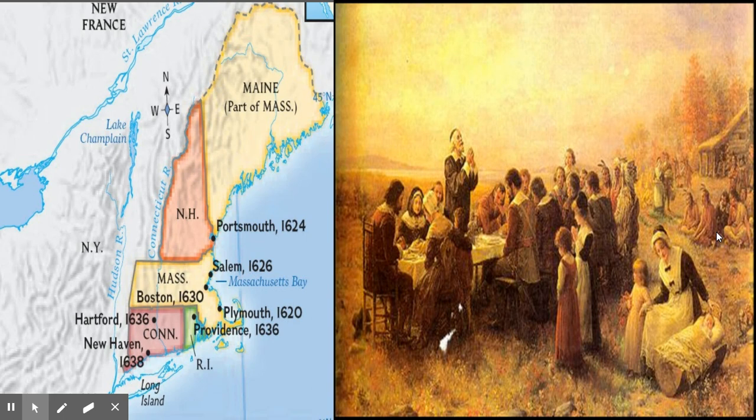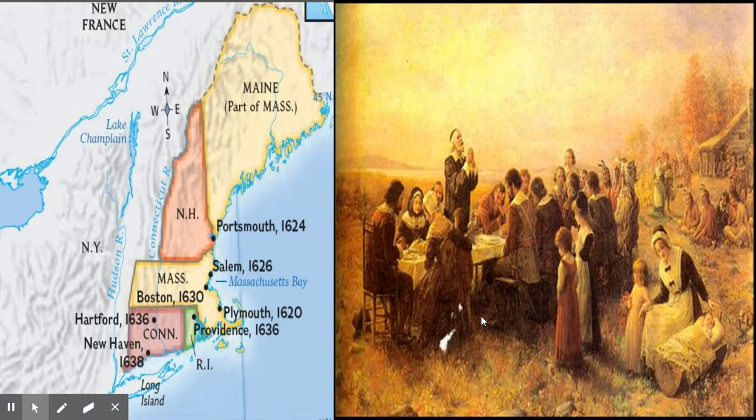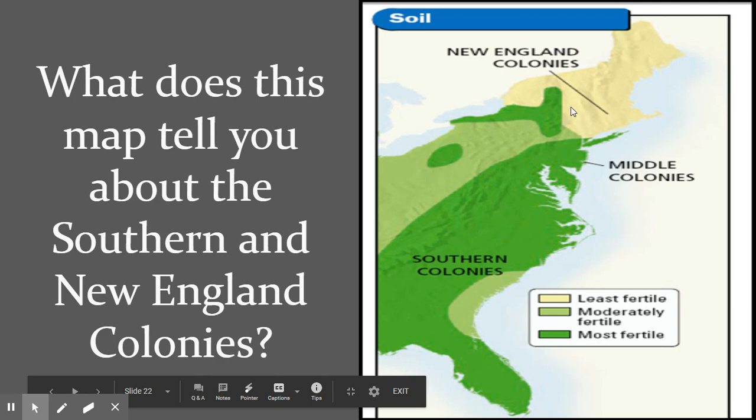But what we are soon going to learn is that this peaceful congregation here isn't going to last very long. It's just going to be just like the relations in the South with the Southern colonies and those Indians. So if you'll look at these colonies, you have the middle colonies, which is going to run right about through here.